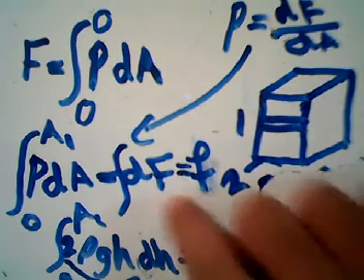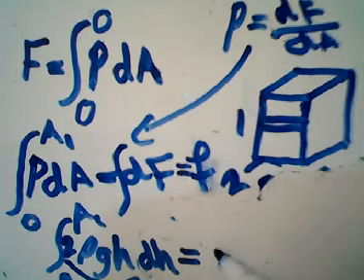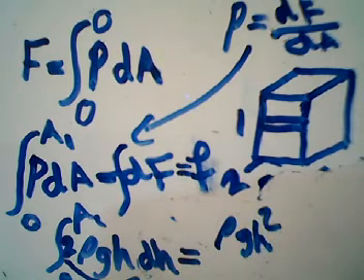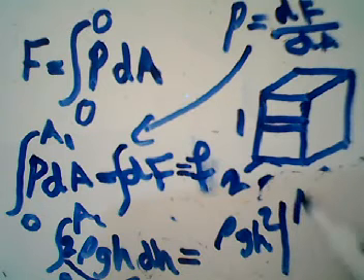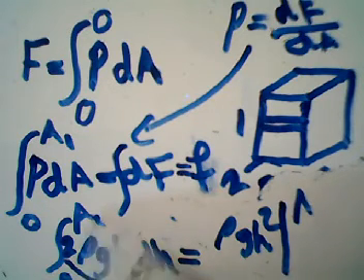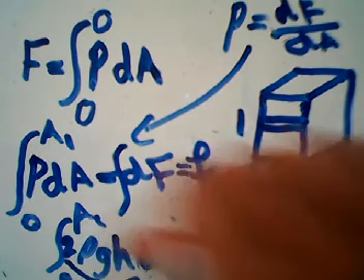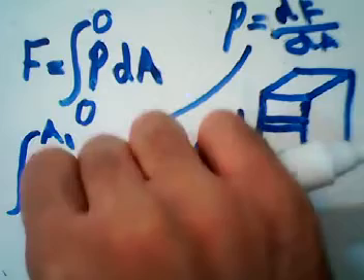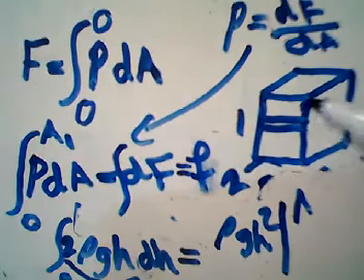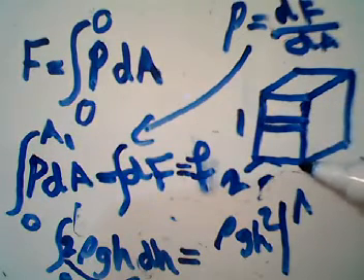Okay? And what about this? Rho g h squared. If you differentiate it, that would be 2 rho g h. Okay, this is simple. Again, this is h, and the limits should be the limits of h. So that would be from 0, which means here, to here, which is 1.